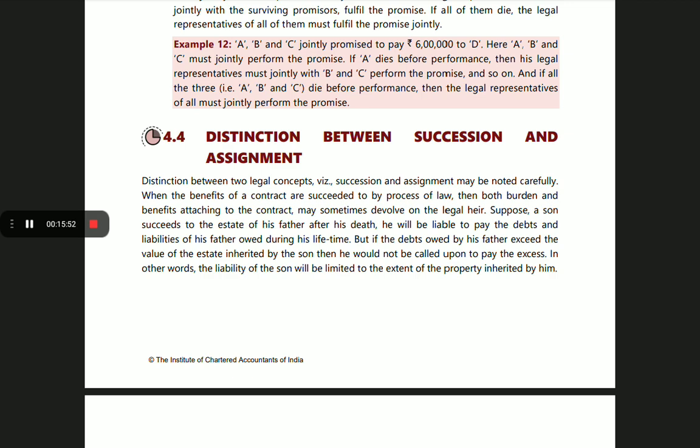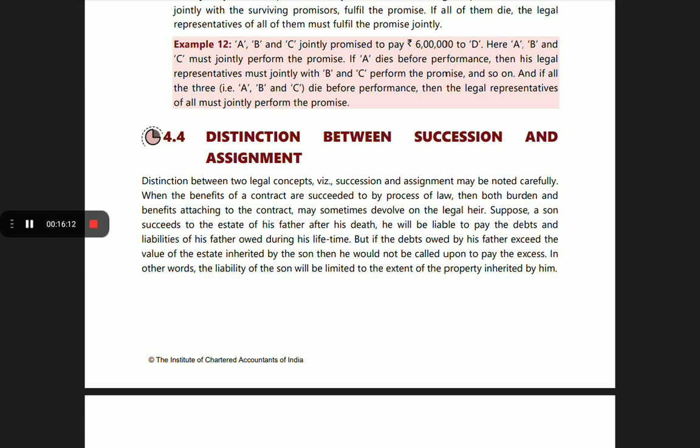Suppose a son succeeds to the estate of his father after his death. He will be liable to pay the debts and liabilities of his father owed during his lifetime.